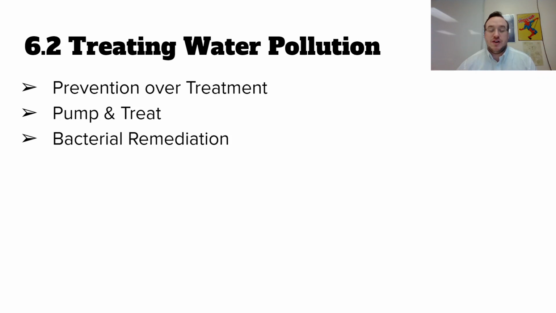So pump and treat is what it says on the tin, right? We've got pumping and we've got treating. So pumping means you have to move the water. So you're removing the water from wherever it was, be that a creek, a stream, a pond, or an aquifer. You're pulling it out of that area, putting it into storage tanks and pipes and treating it.